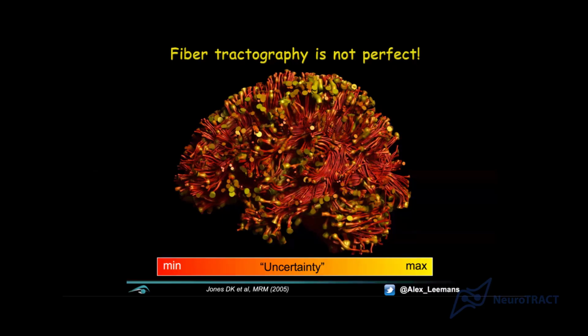And think of it. If you have a cigar-shaped diffusion profile, the first orientation, the dominant orientation, is pretty well described. But if you have a more oblate tensor or spherical tensor, then the first eigenvector is less well determined. Think of a sphere. In a sphere, like I said before, there is no well-determined orientation.